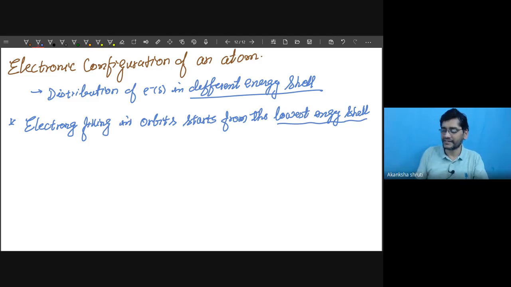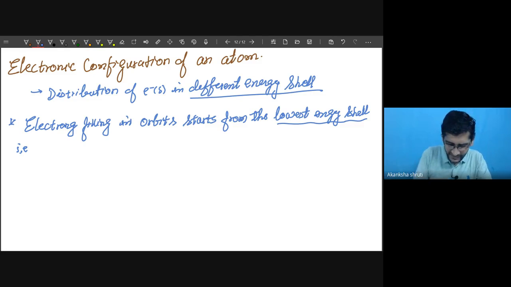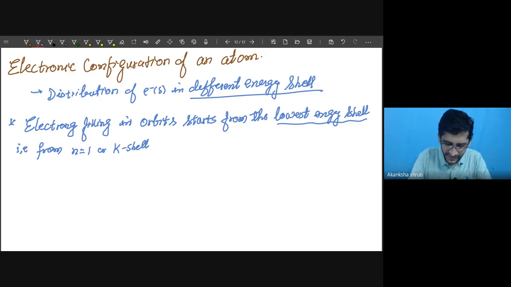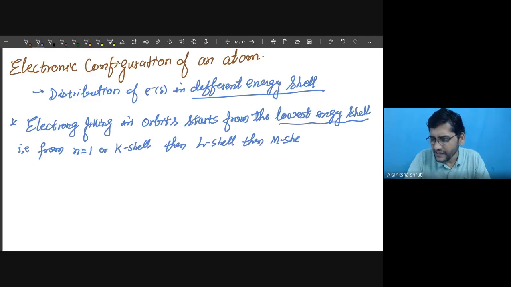It is our K shell, that is n equals 1. That is, from n equals 1 or K shell. If in excess, then it will go to L shell. Again, if in excess, then it will go to M shell.